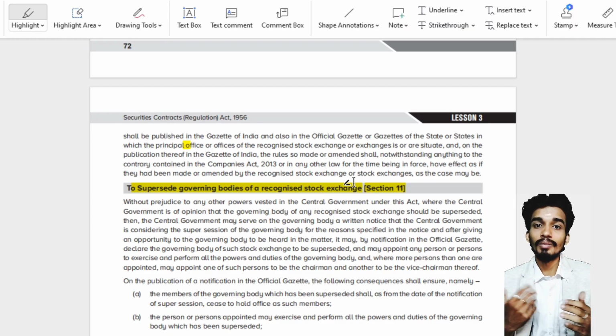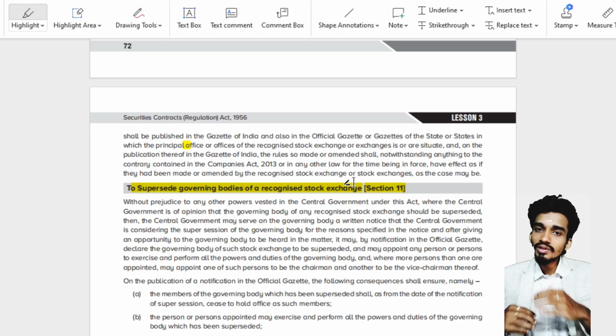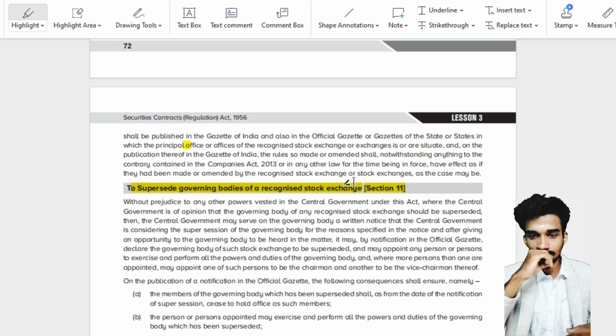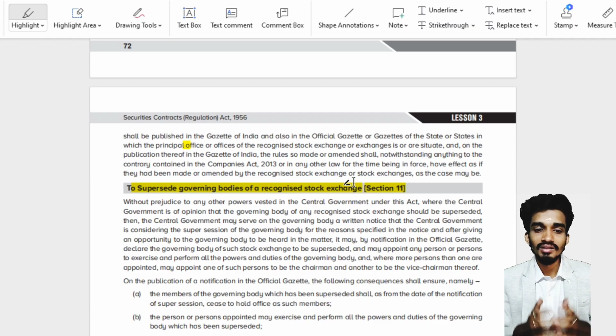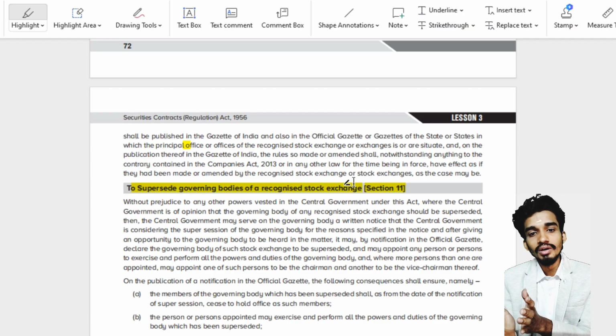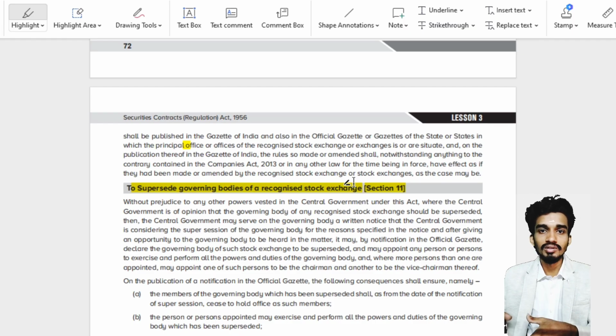What if the central government knows that these stock exchange members are misusing their powers? So the central government, after considering various factors, will supersede, that is, the central government itself will take care of those stock exchanges, and all the members in the stock exchange will cease to hold power.